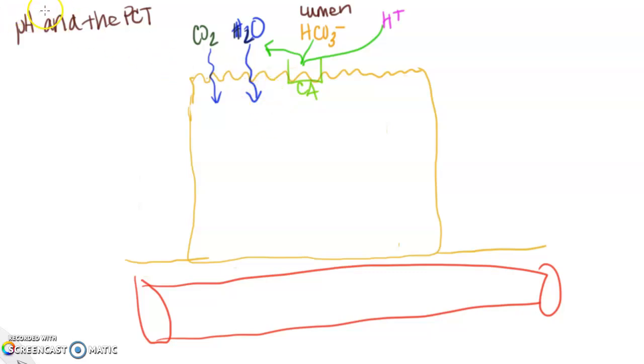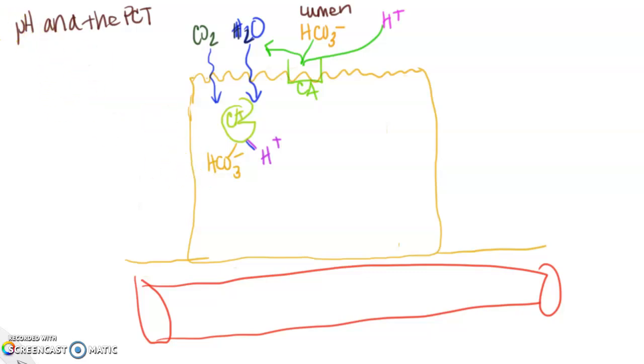Okay? In the cell, they will also meet up with carbonic anhydrase. And carbonic anhydrase will split them up into hydrogen and bicarbonate. Okay, so carbonic anhydrase will go through that reaction and you will end up with hydrogens and bicarbonate.